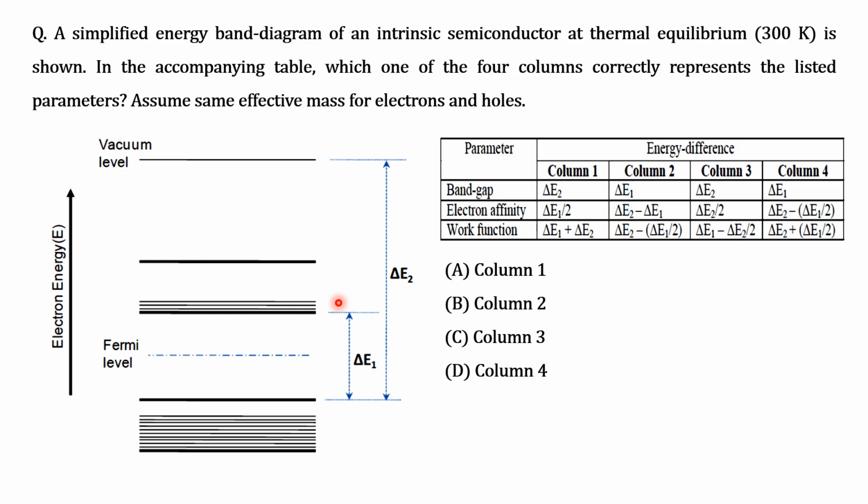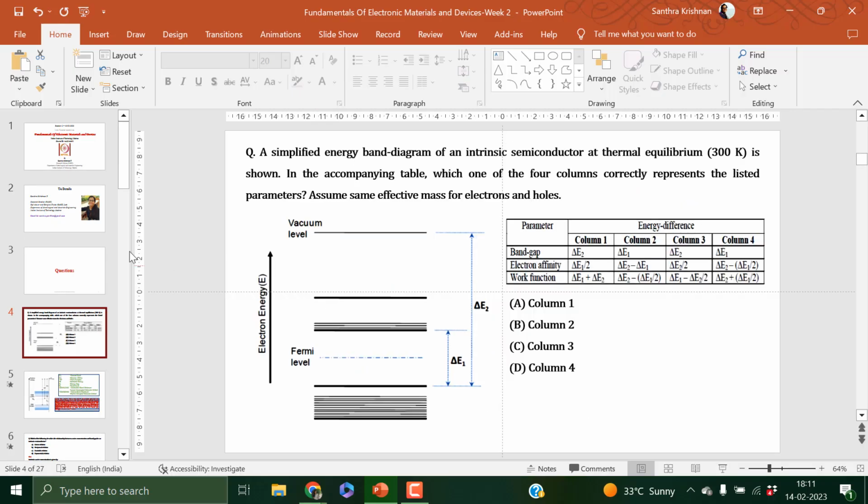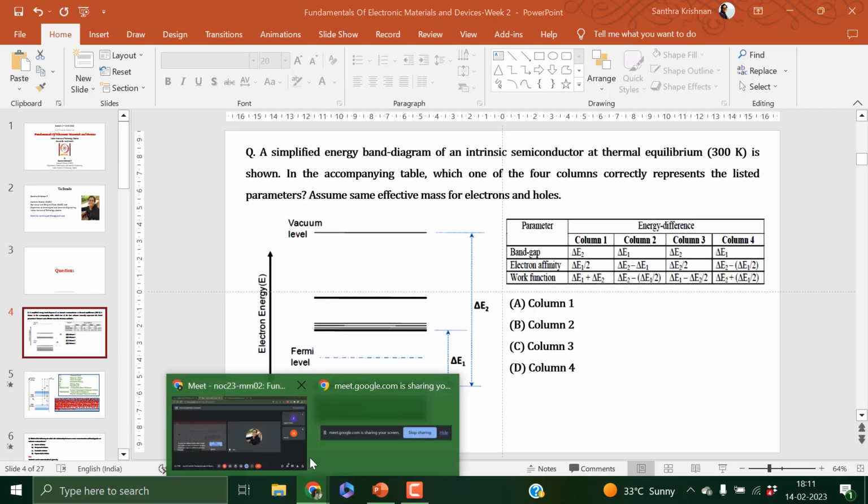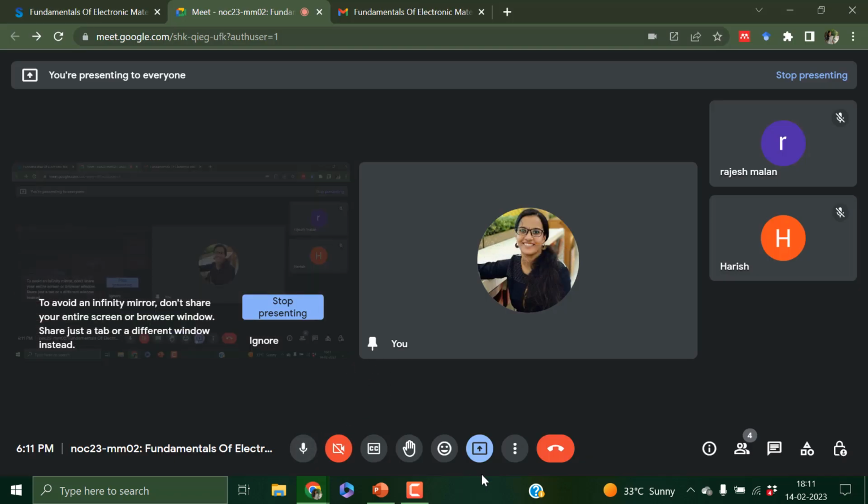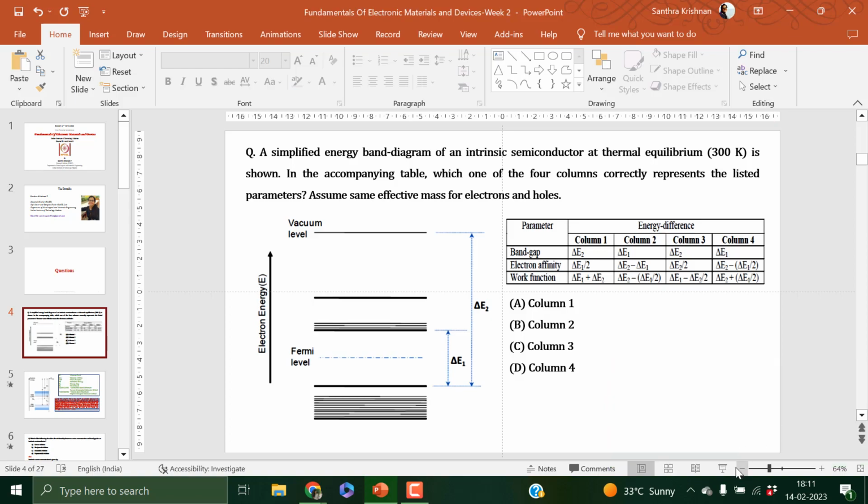Yeah, it's D, option D, column 4. Okay, and the other person? Is the other person also getting the same answer?